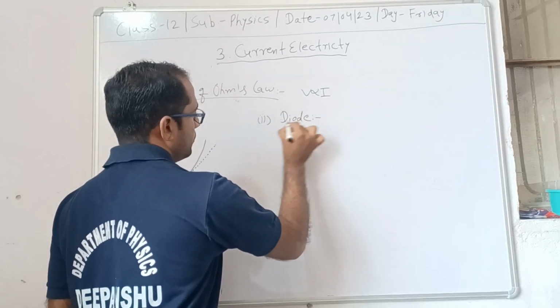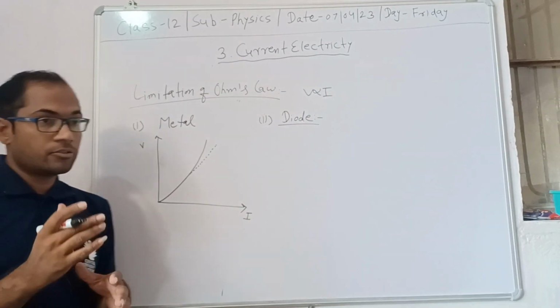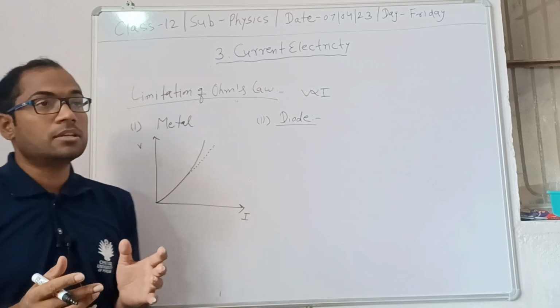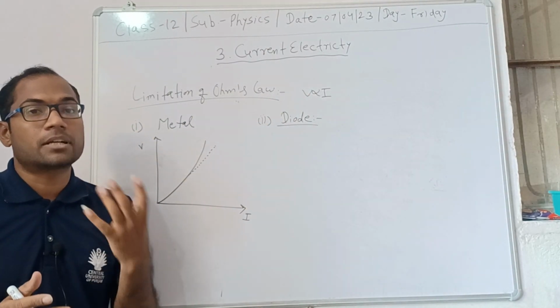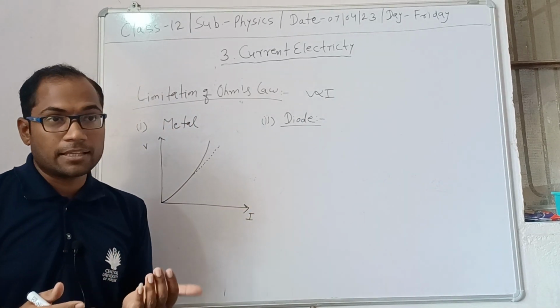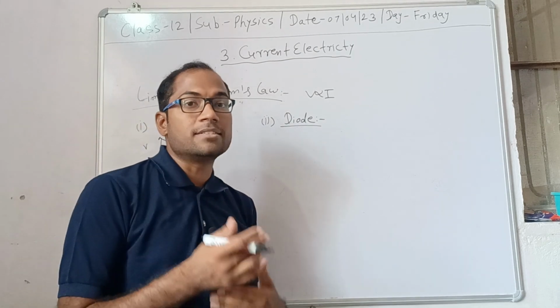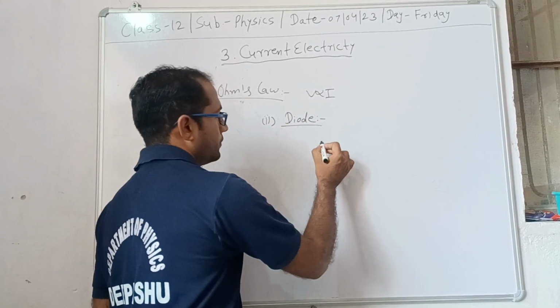Second, if we are using a diode, the flow of current depends on the value of the voltage. If the current sign is negative, then we get a different value of the voltage.